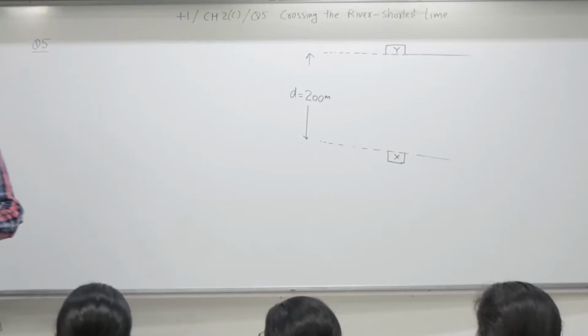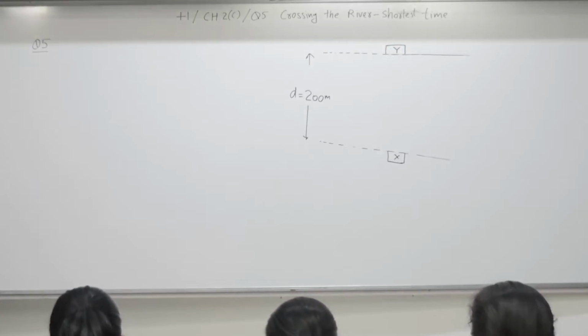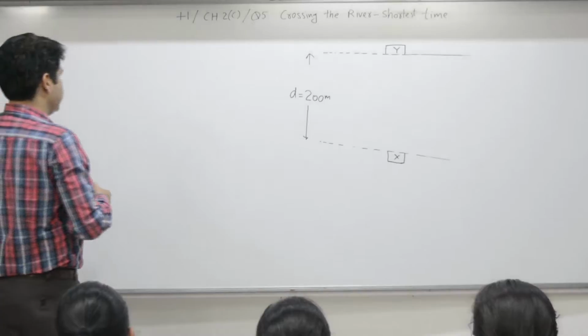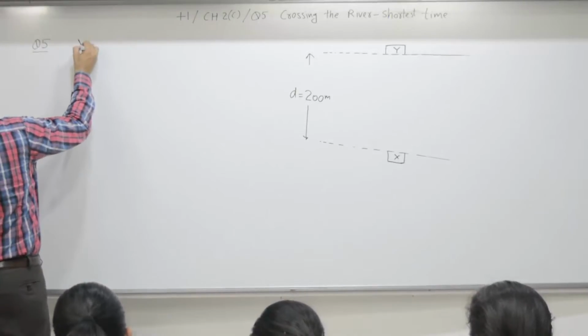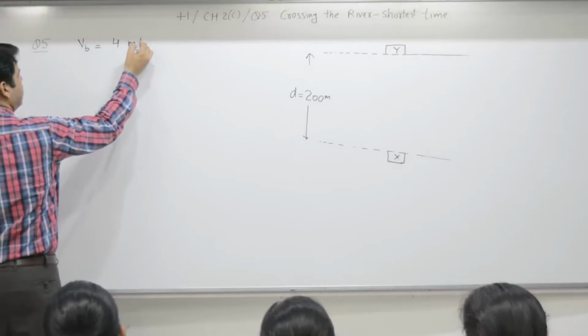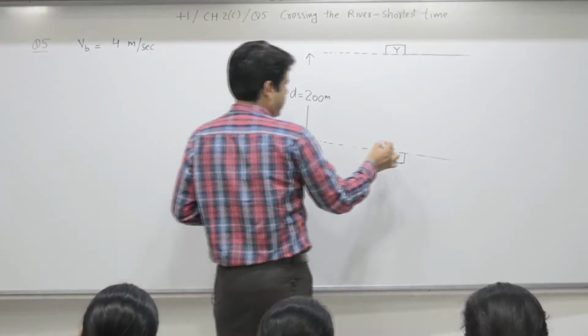Go through the various parameters. What is given? Boat speed VB is given, 4 meter per second. So you have a boat here.